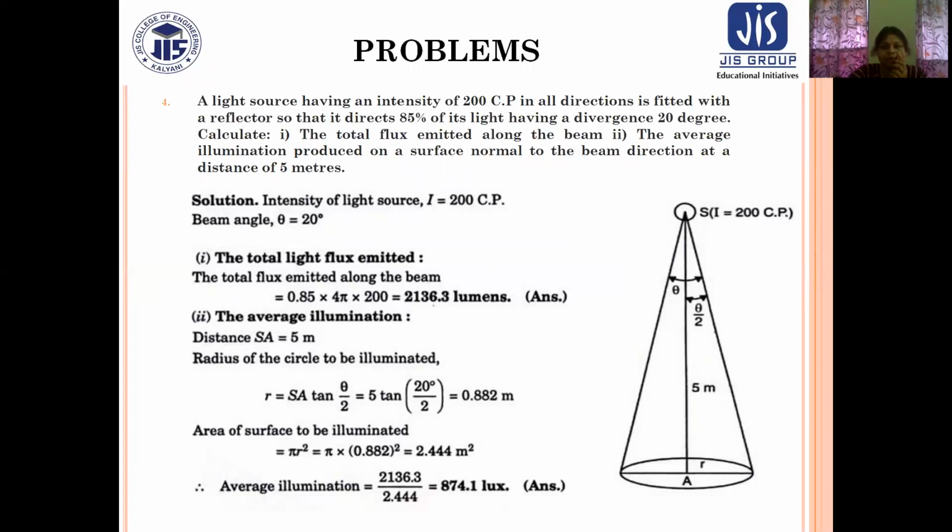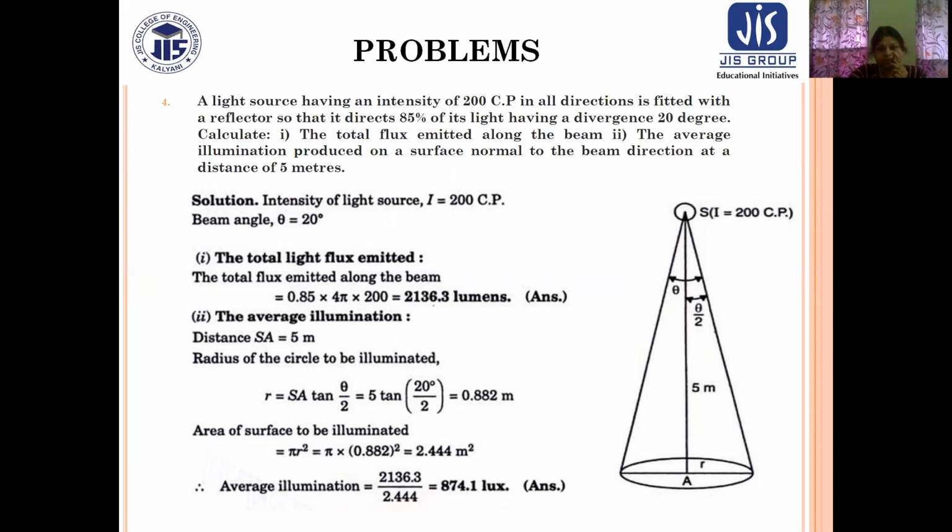Number 2, the average illumination produced on a surface normal to the beam direction at a distance of 5 meters. So solution, the intensity of the light source is given as I equal to 200 Cp, and beam angle theta is given as 20 degrees.